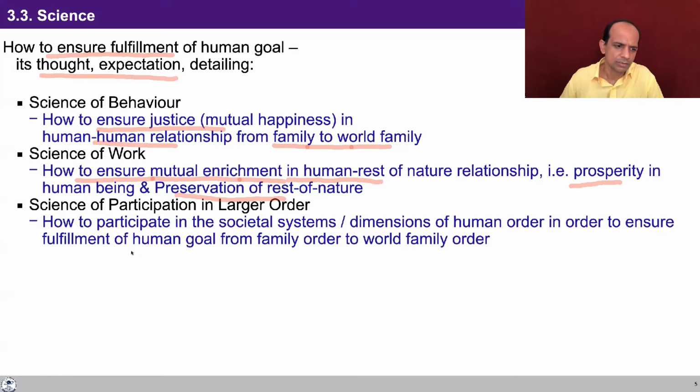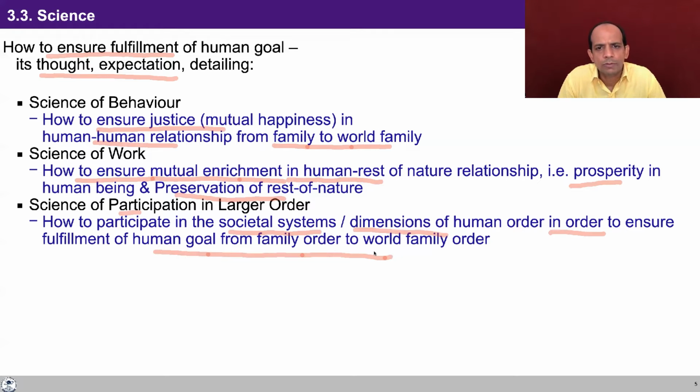Similarly, the third thing is science of participation in the larger order. And then we have to understand the societal systems. And there we have to look into the dimensions of human order so that we are able to participate in the human order at every level. And we are able to fulfill the human goal from family order to the world family order.